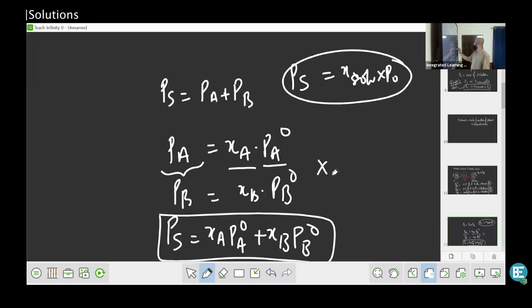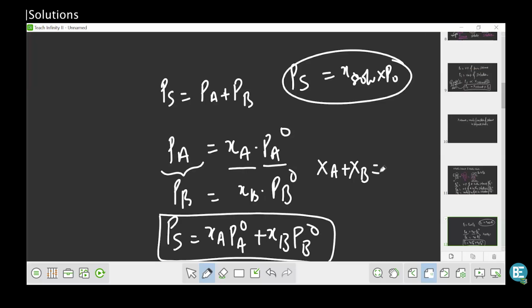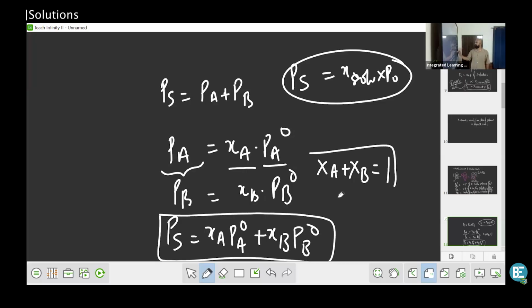And XA plus XB, because they are mole fractions. So what is the sum of mole fractions? We did it in the last class. What is the sum of mole fractions? 1. 1, sir. So XA plus XB is equal to 1. Okay, what was the formula for mole fraction?